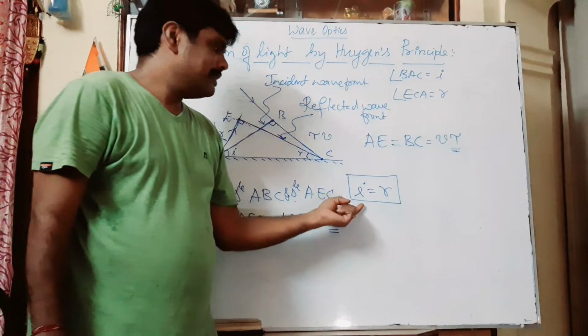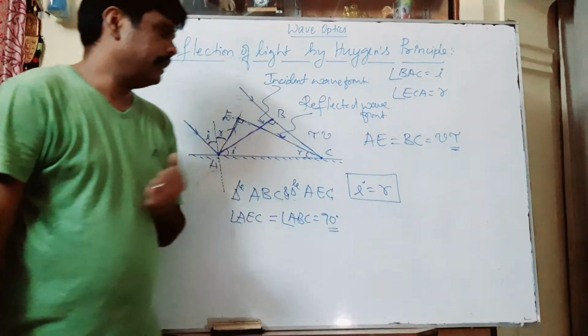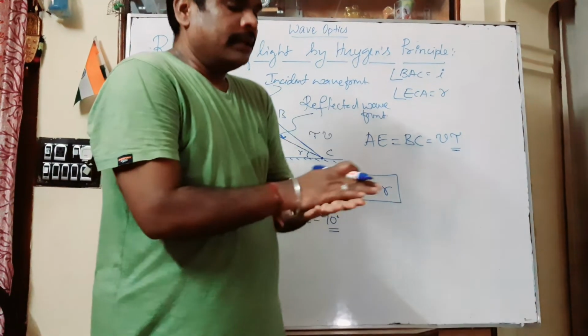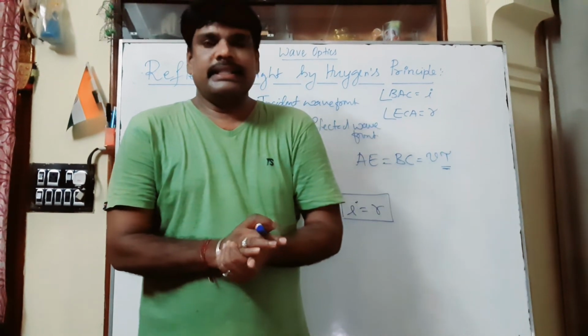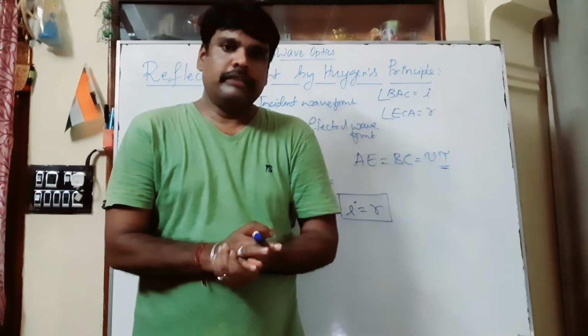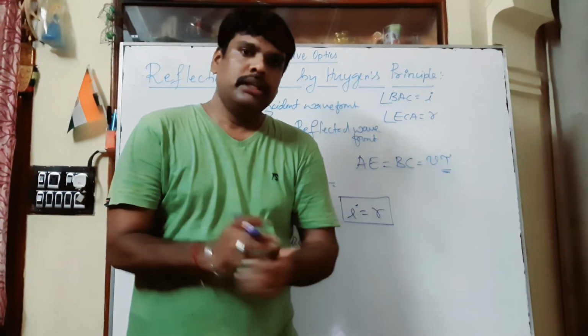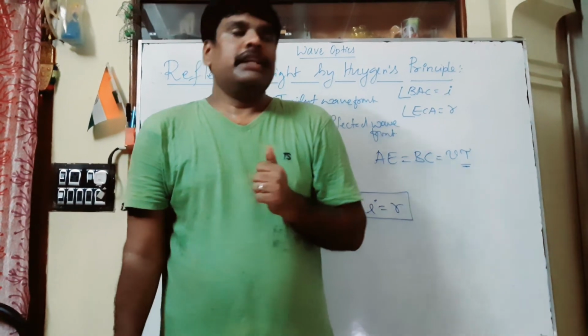The angle of incidence must be equal to the angle of reflection. So I will conclude this class: with the help of Huygens principle, we successfully understood the phenomenon of refraction in the previous video. In this video, we have understood the phenomenon of reflection.